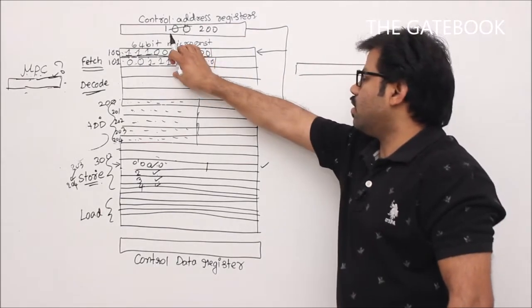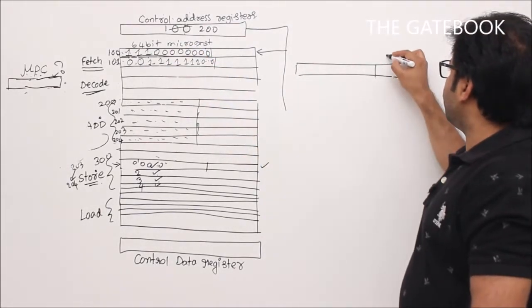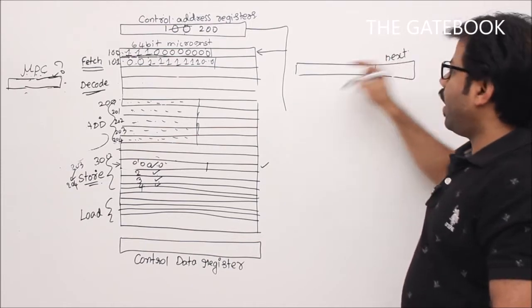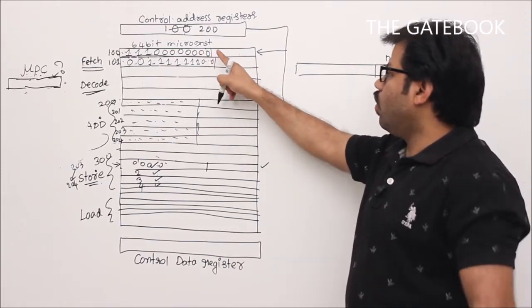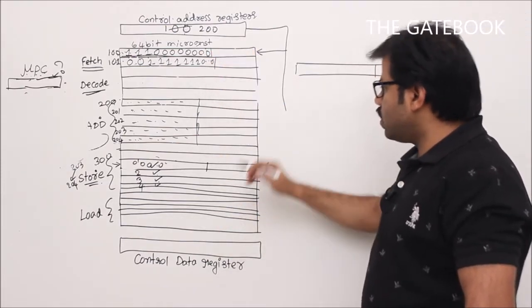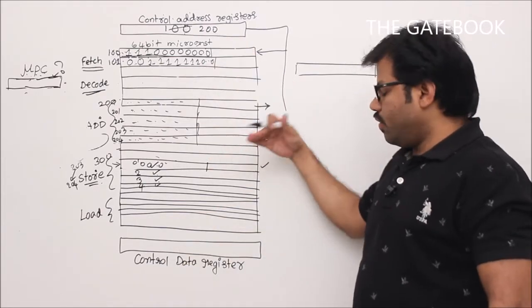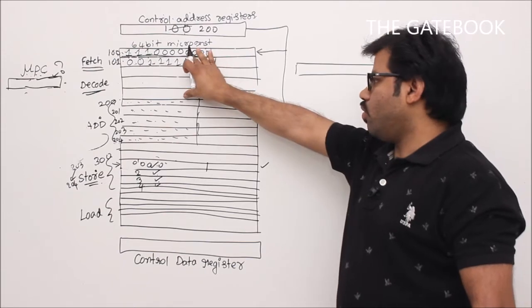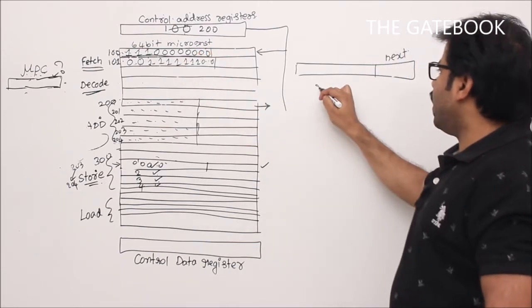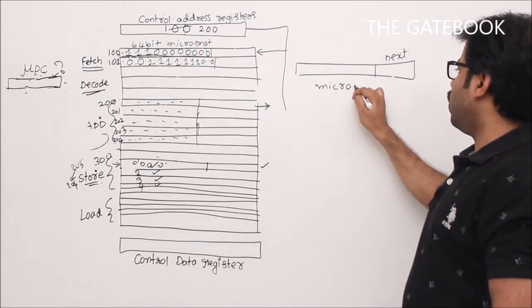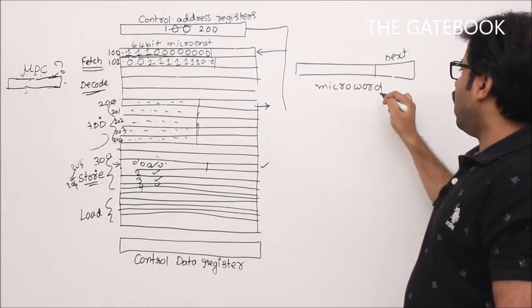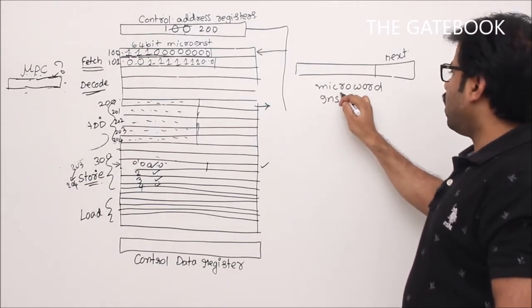Focus on this instruction. The next instruction is generally stored in a micro word. Let us use a word called micro word. All these are words, and since we are storing all the words here, these words are nothing but micro instructions, right? So each micro word or micro instruction contains two things.